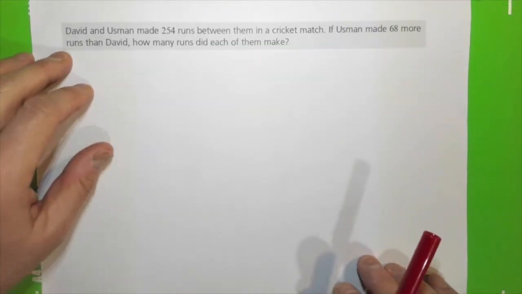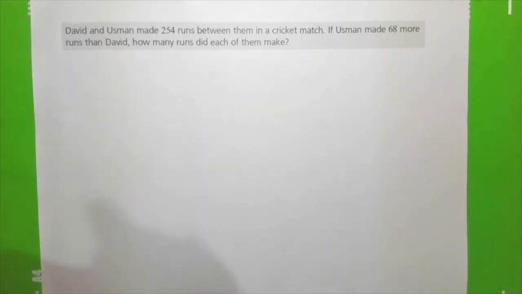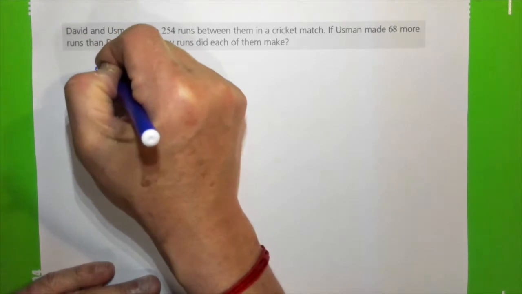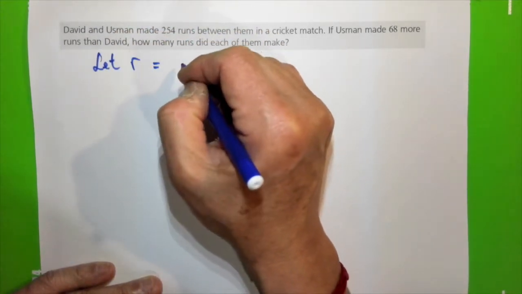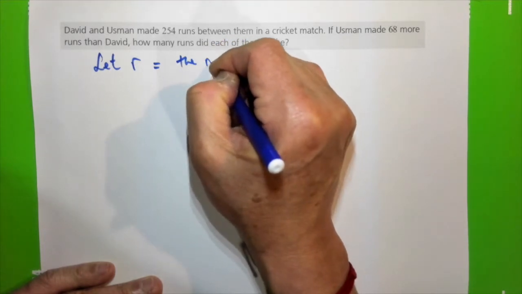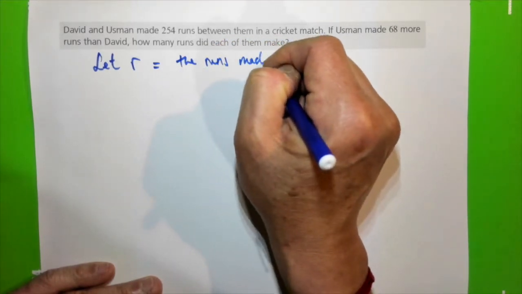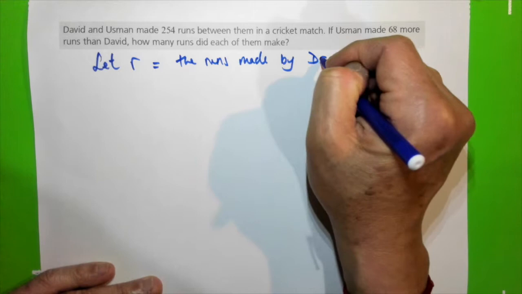One last example. David and Usman made 254 runs between them in a cricket match. If Usman made 68 more runs than David, how many runs did each of them make? Alright, let's define. R is the runs made by David.